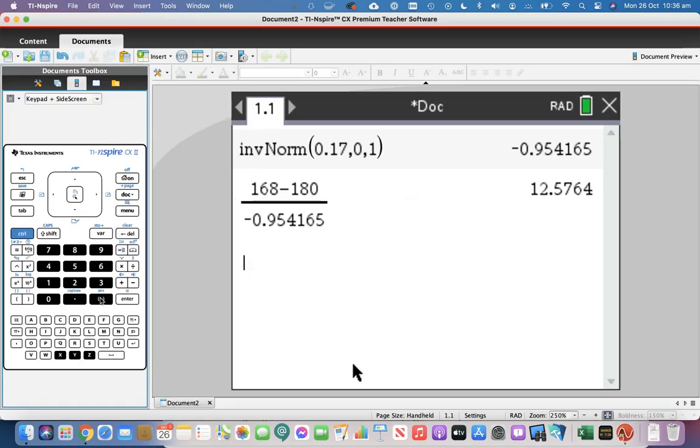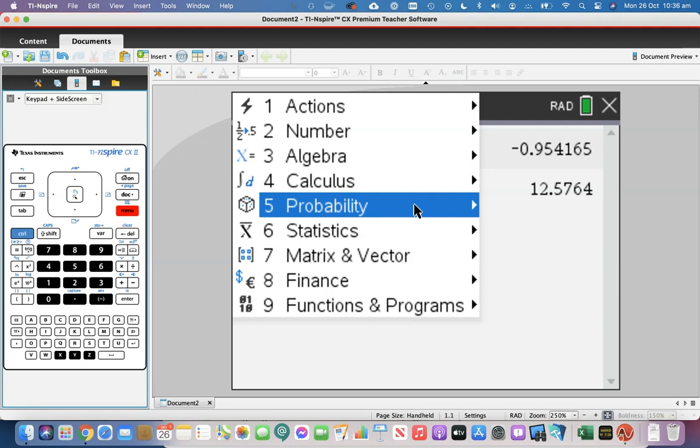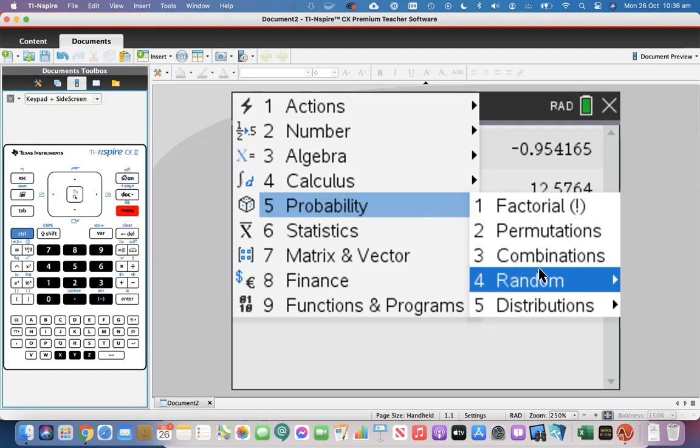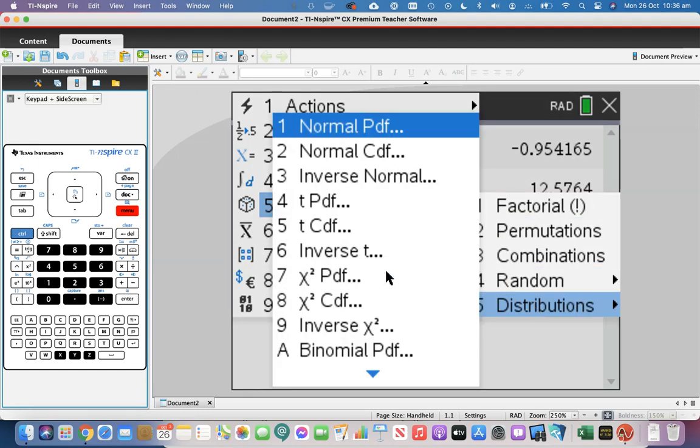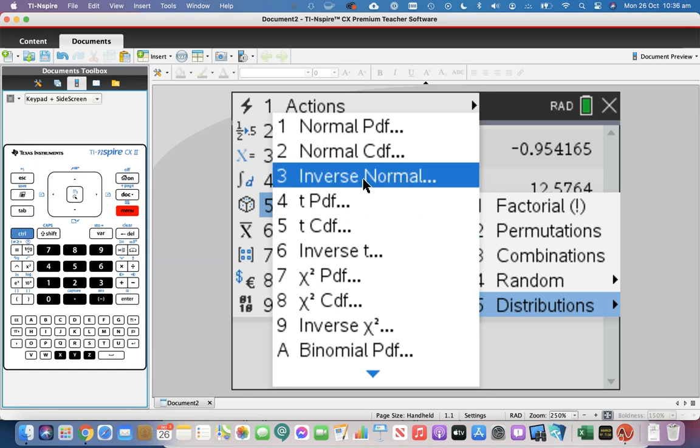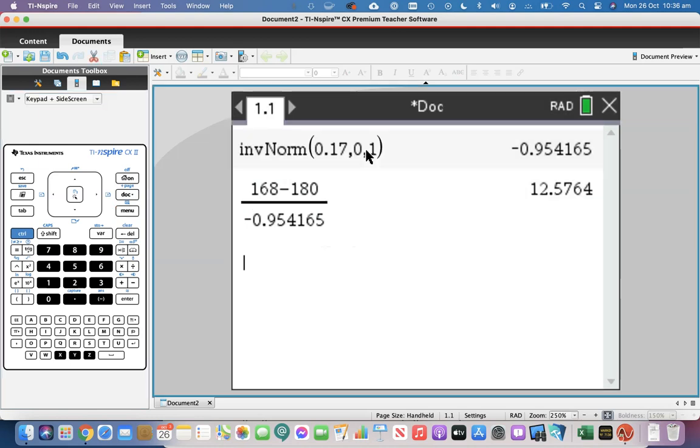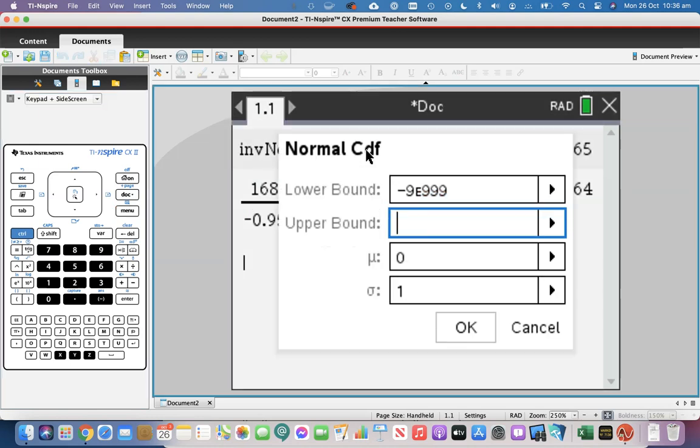Well, we'll go back to our calculator again, and this time we'll go menu, probability, distributions, and we'll do another inverse. Sorry, I won't do an inverse, we'll do a regular one. This time we can have an upper bound of 192.